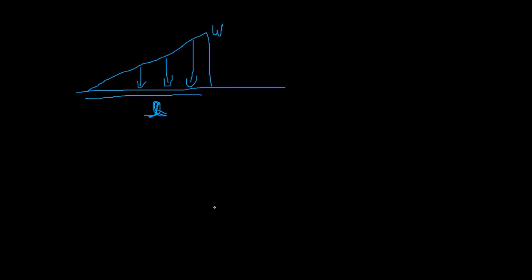So for L distance, if it is W, what would it be for an x distance? That would give you the intensity Wx over L, right? If you cut it from here, you have x naught distance, so you know the load here is Wx naught over L, right?